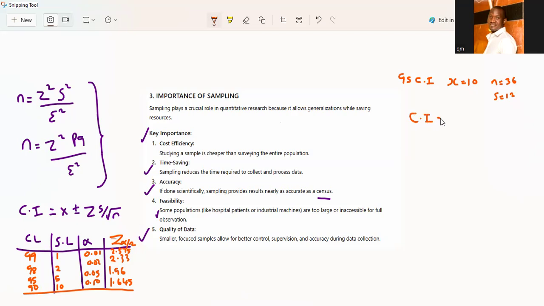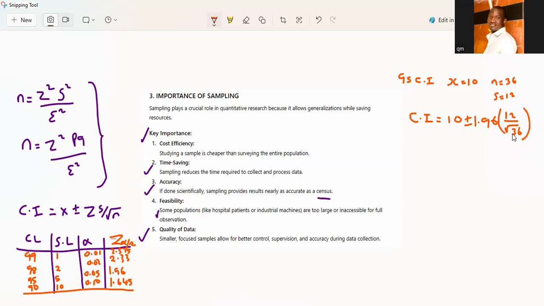We put 10 there. Then what is our Z? Our Z at 95% is 1.96, as we've already established. What is our standard deviation? 12. And what is our N? 36. By the way, we use Z when our sample size is more than 30.